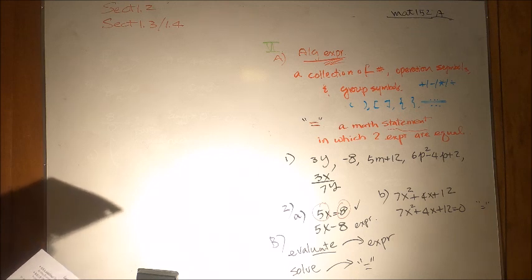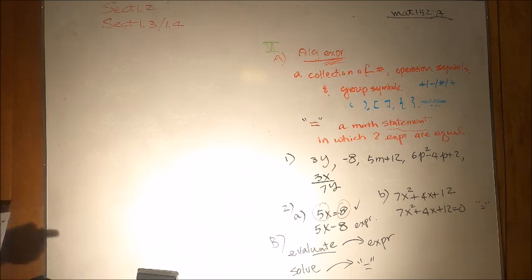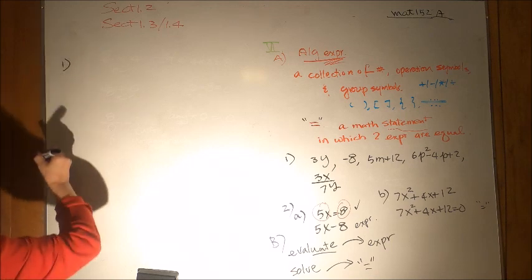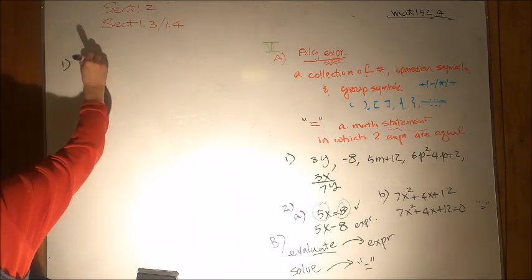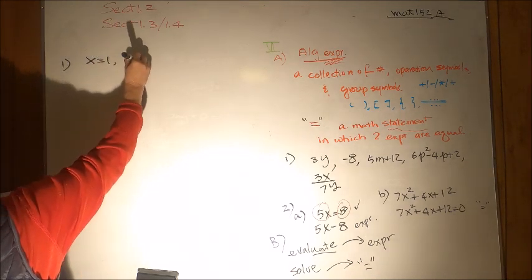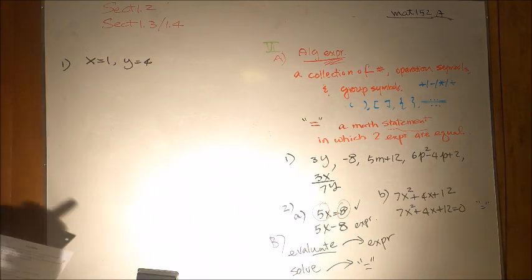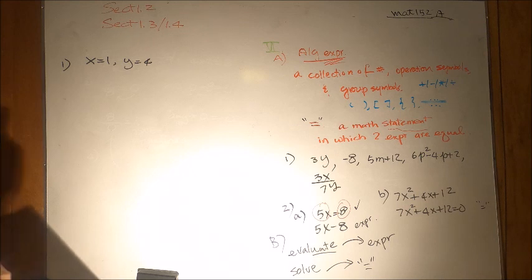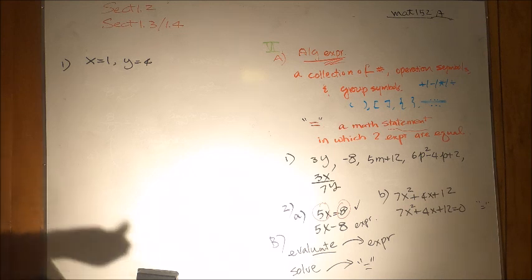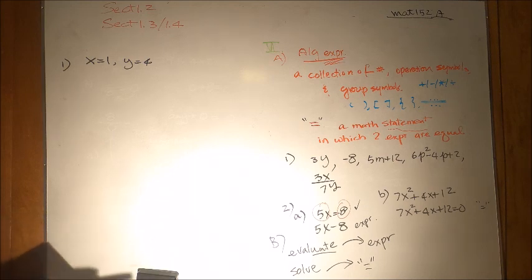All right. So let's see some examples. If I say x is 1, y is 4, that means I give you those values. You are going to use those values. X equals 1 means x is 1, not anything else at this moment, right?